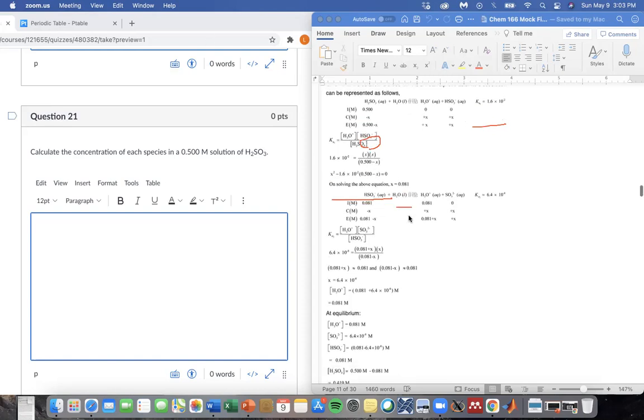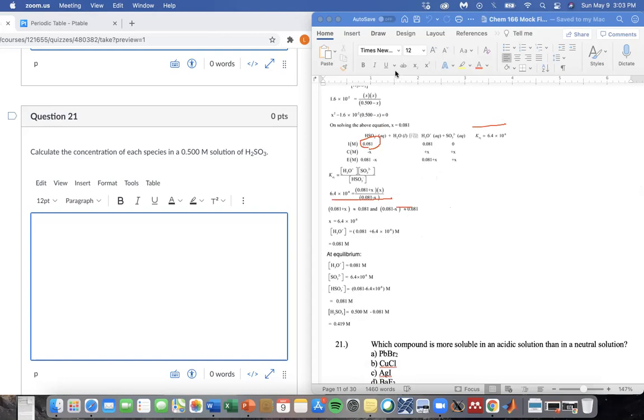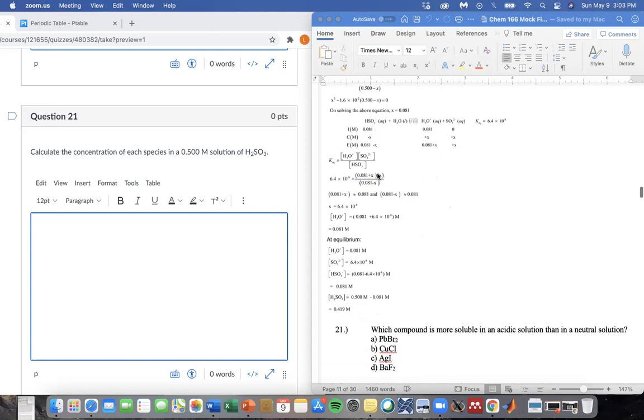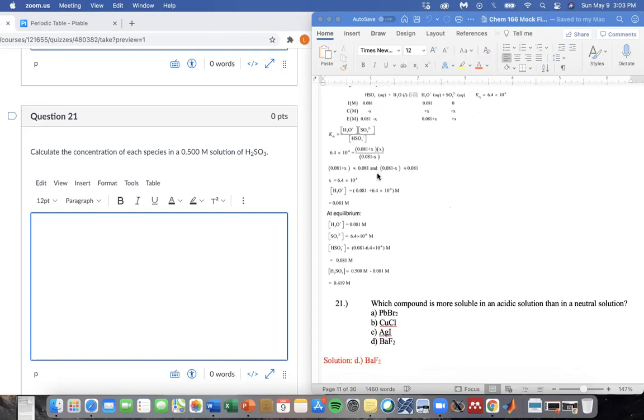I really don't think they're going to give you any quadratic formula tomorrow on the exam. But the more important one, I guess, is the small x approximation one, because I think there will be weak acid stuff on the exam. An important thing to remember here is that you can go through the whole calculation for the weak acid dissolution of HSO3- for the second proton.